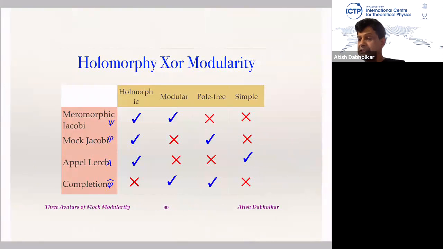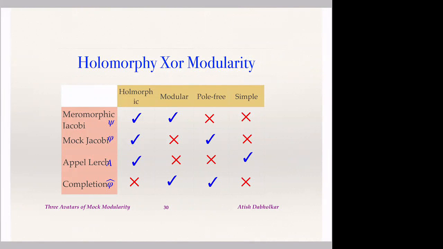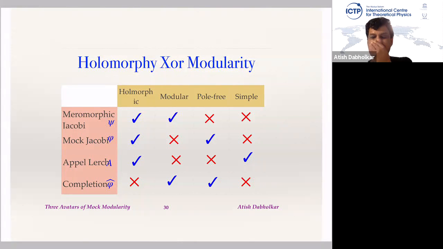So once again, we see this. Can we think of those h_l as mock vector valued modular forms? Yeah, exactly. So there is a one-to-one correspondence between Jacobi forms and vector valued modular forms, and mock Jacobi forms and vector valued mock modular forms. And once again, we see this kind of holomorphic versus modularity tradeoff.